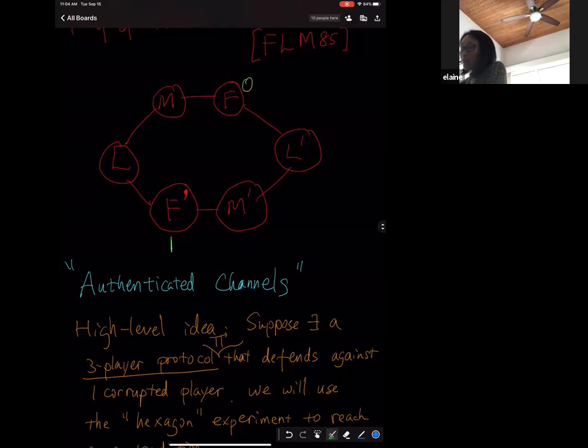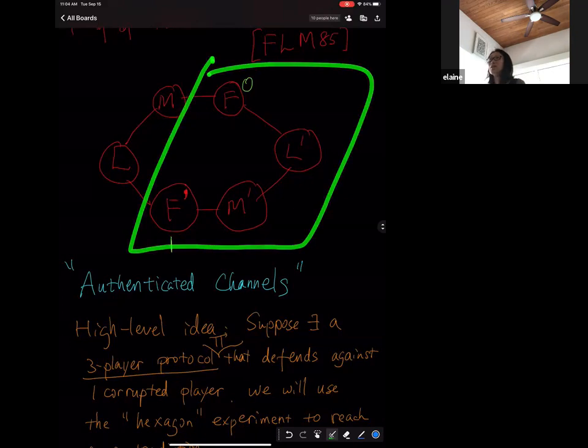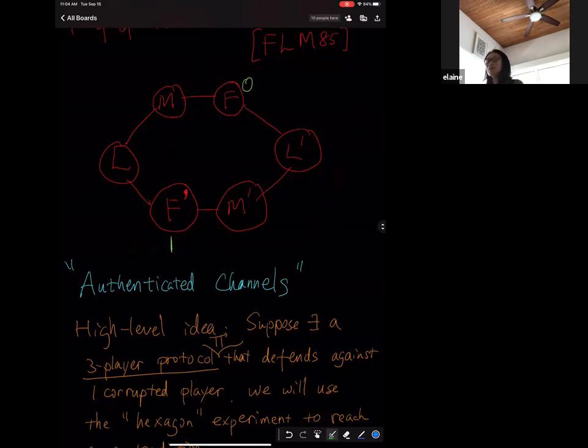I mean, we are trying to rule out the existence of a protocol that defends against 1 corrupted player out of 3. So the way to rule it out is you have to look at the same execution and imagine somehow it's a 3-player execution where some of these things are just happening in the mind of the same player. That's why we have to interpret it as a 6-player experiment where all 6 players are honest, but there are 3 ways to interpret it as a 3-player experiment where 1 player is executing a union of some honest nodes.